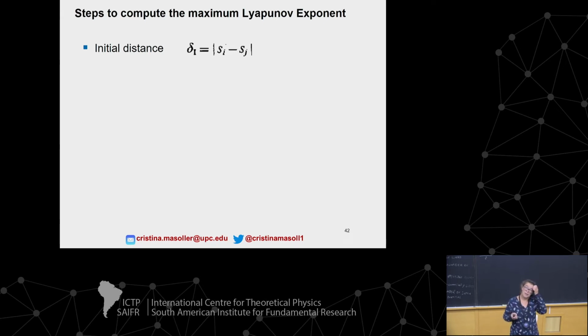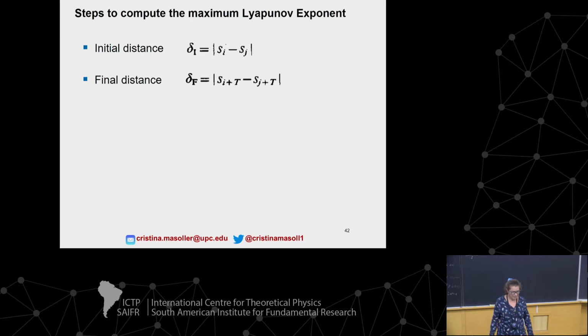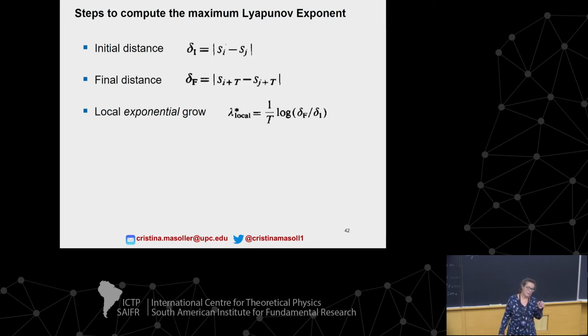To calculate more than one is a bit more difficult because you need to, at each point, recalculate the orthogonal directions. But if you just want the largest Lyapunov exponent, you just use an initial distance and let it evolve, and after a certain time, calculate the distance after a while, and then you can calculate this expression that gives the local maximum Lyapunov exponent.